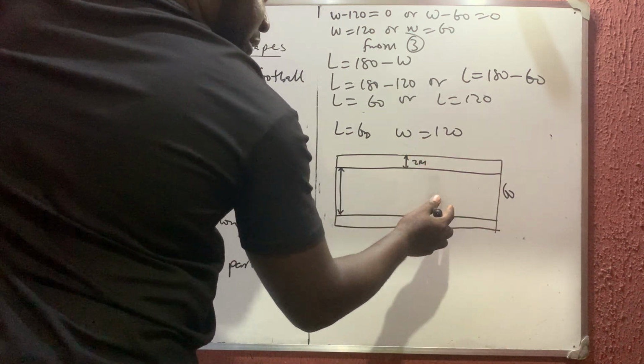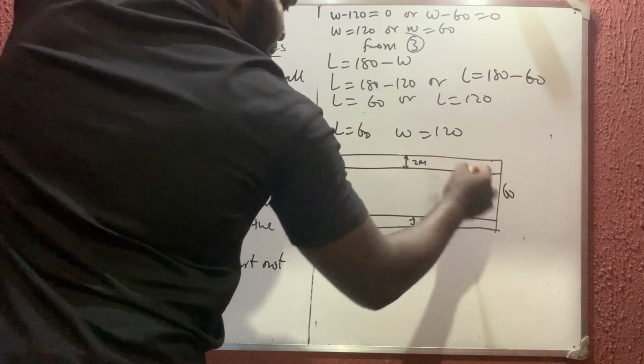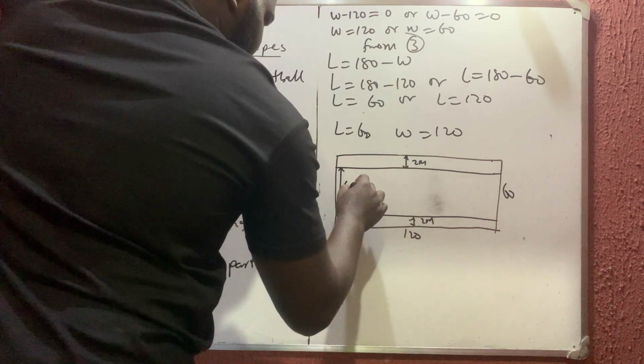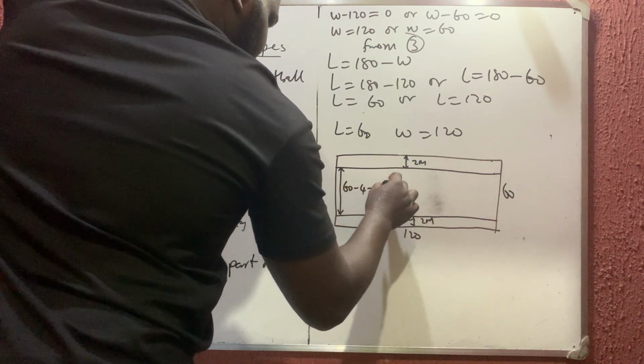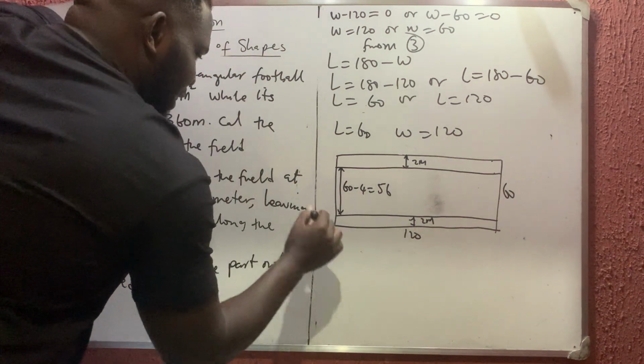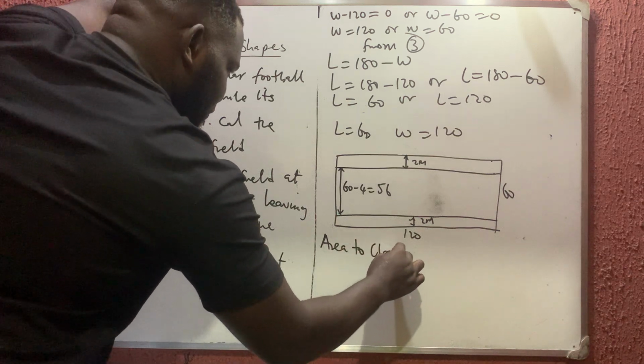I always tell you, 60 minus the distance from here to here and from here to here. So 60 minus 4, which is 56.